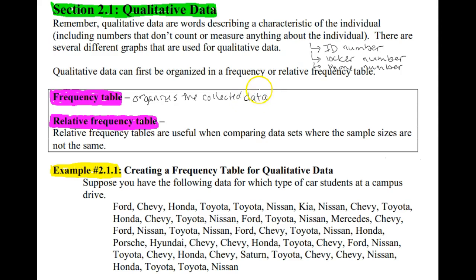So it organizes collected data in table form using categories, or sometimes those categories are called classes, and frequencies. When we talk about the frequencies, we're talking about counts. So these are whole numbers.